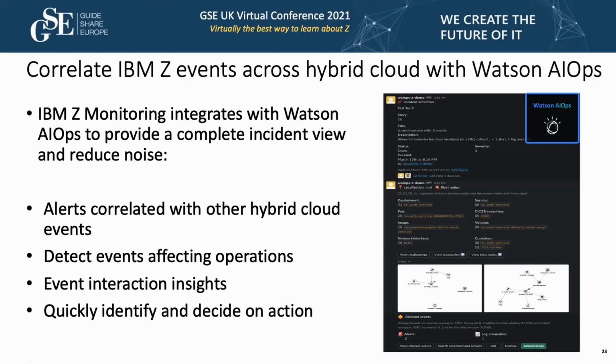And so if you're looking at a cluster of events that happen over a period of time, some may be on the Z side, maybe even multiple Z areas, could be Db2 and CICS, for example, and you might have other hybrid cloud application related events that are popping up at the same time. That gives you additional insight into what's going on, who might be the culprit, who might be the victim, so that you can more quickly identify and decide on the right action to take based on this hybrid cloud application-wide view.